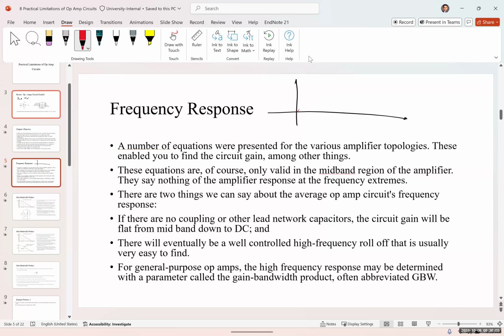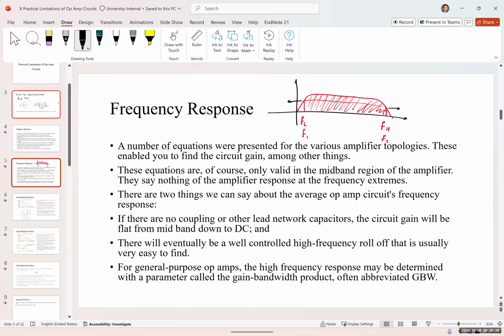Let me draw it. Here we have a lower cutoff frequency and the upper cutoff frequency. Sometimes we call them F1 and F2, sometimes FL and FH. The area between them is the frequency response, or the bandwidth of the system.